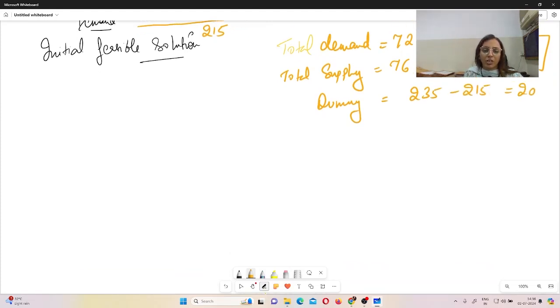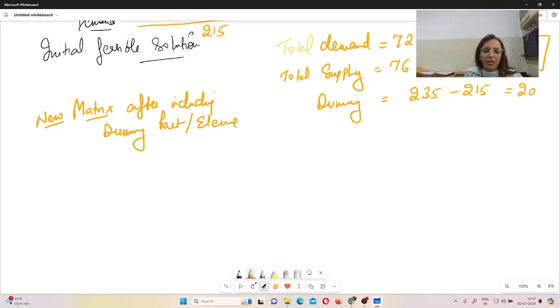Now you have to create a new matrix after including the dummy element. The value for the dummy, you all know, we will take as 0, right?